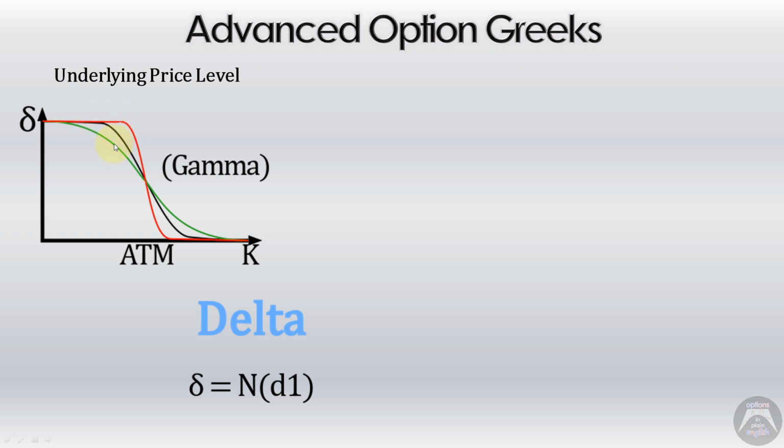So for the ones that are very expensive, of course, those deltas are going to be more spread out, because every price here, if you look at it as a proportion of the at the money price, is going to represent a very small portion.